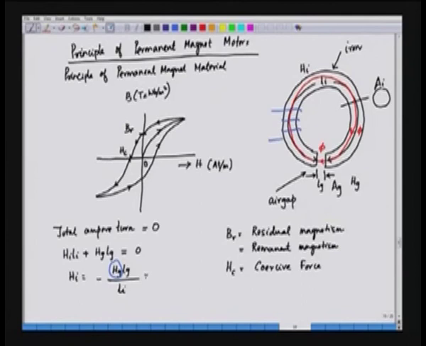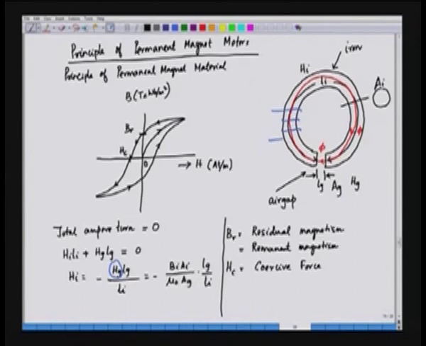So Hi is equal to minus Bi Ai by mu naught Ag into Lg by Li. It's an interesting equation. On the right hand side we have the flux density Bi, the cross sectional area Ai, Lg, Li, Ag.